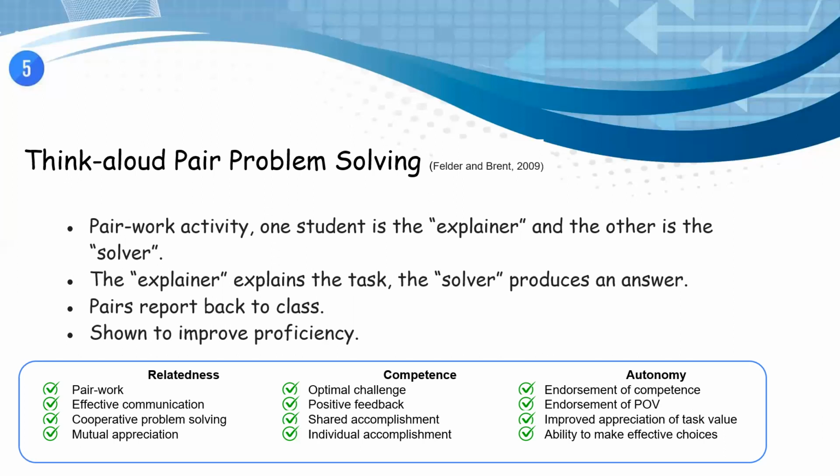The explainer should not simply give up the answer. Instead, the solver should try to work through their thought process verbally with the explainer, so that they can cooperate and the solver can arrive at the preferred answer.